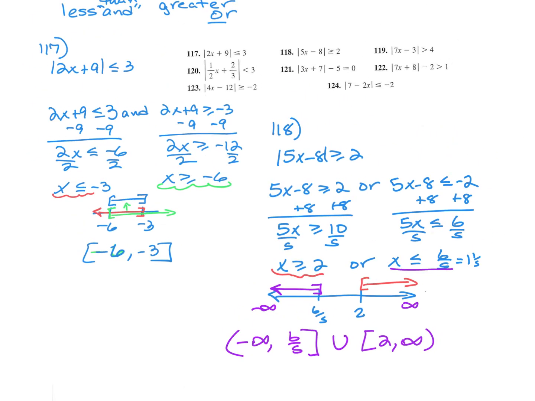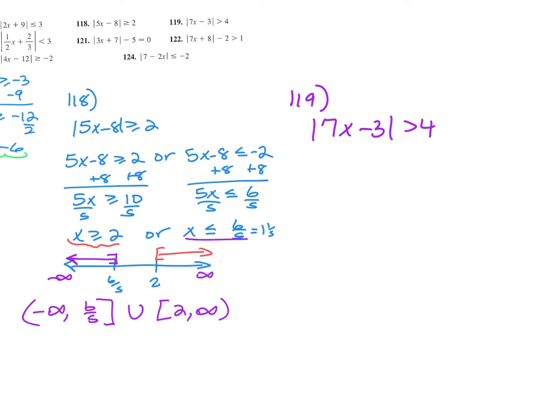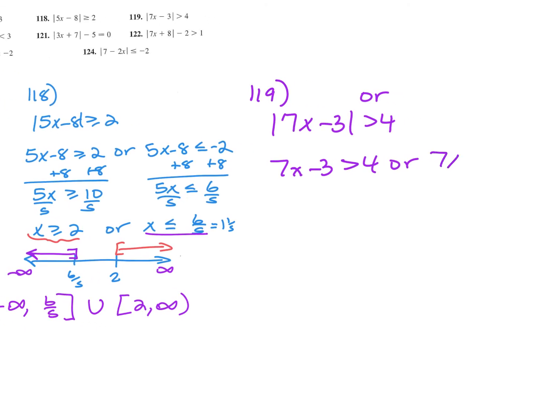And number 119, same thing, 7x minus 3, absolute value greater than 4. So again, this is a greater, so this will be an or. So 7x minus 3 greater than 4, or 7x minus 3 less than negative 4.